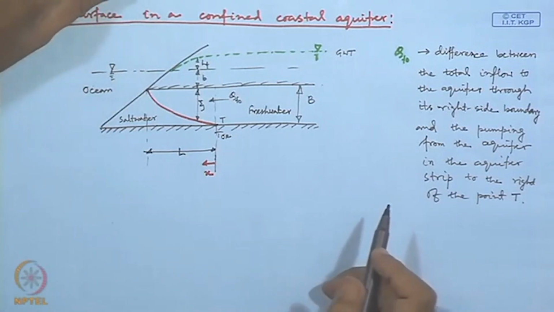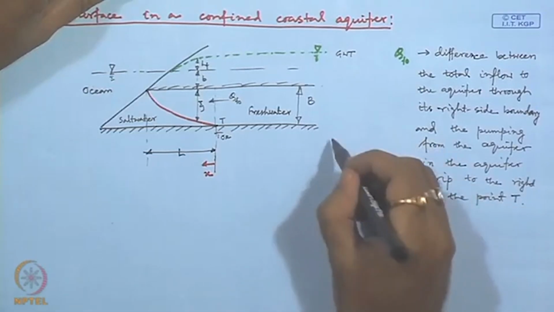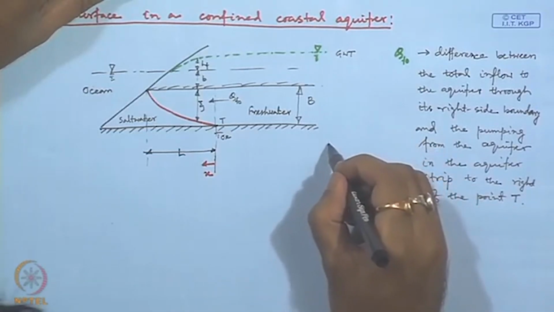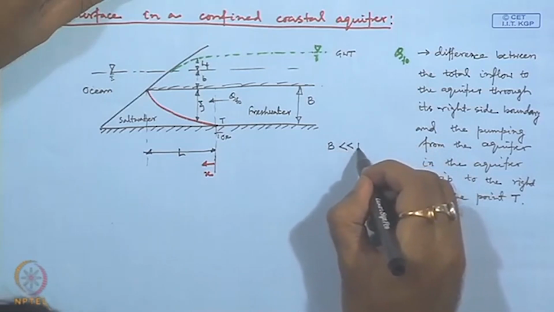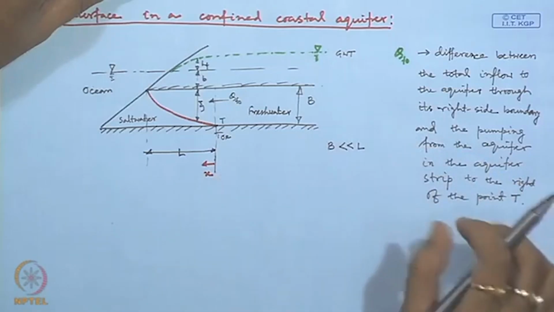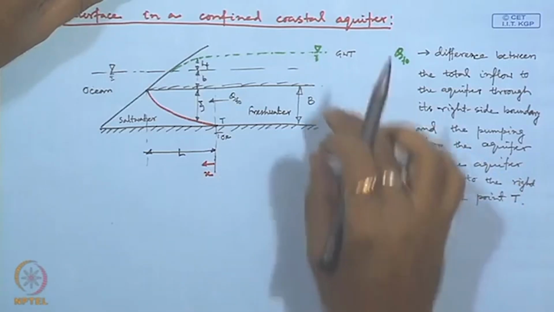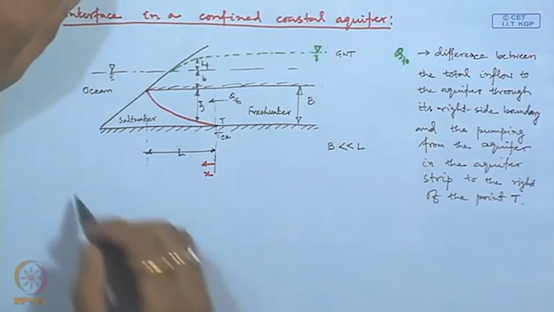So, next, in this particular case, another assumption is that B is much smaller than our wedge length, and B is the thickness of the aquifer.